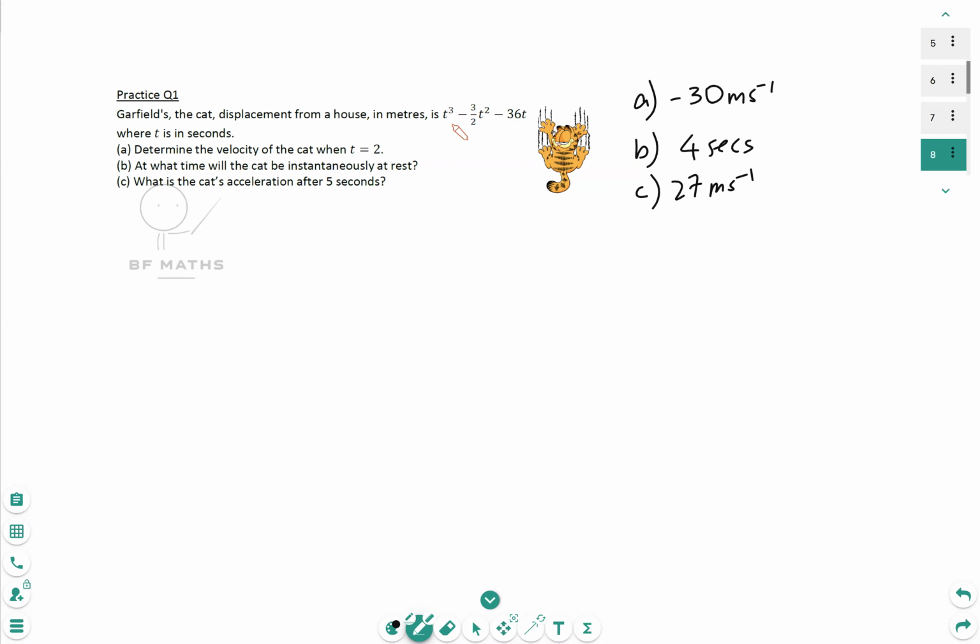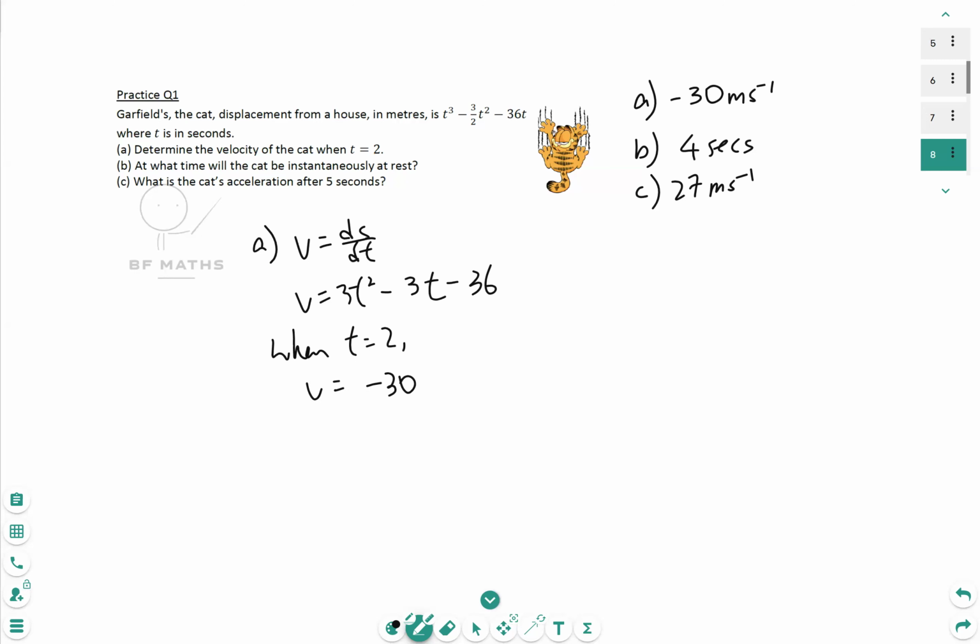Question A. We're given the displacement s, so that's the s equation. To find the velocity, we do v equals ds by dt. Differentiate it to get 3t squared minus 3t minus 36, because the squared and the half cancel out. When t equals 2, you sub it in and get v equals negative 30 meters per second. What does negative 30 tell you?